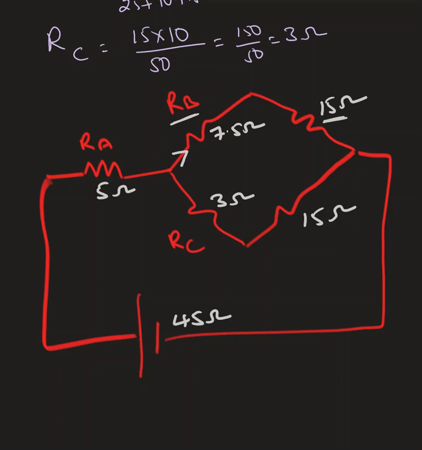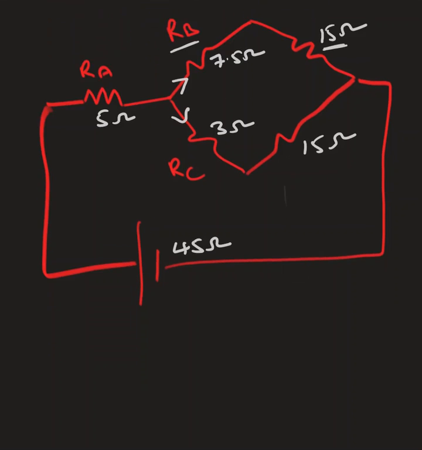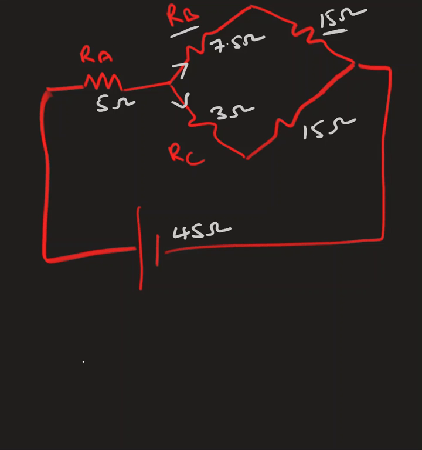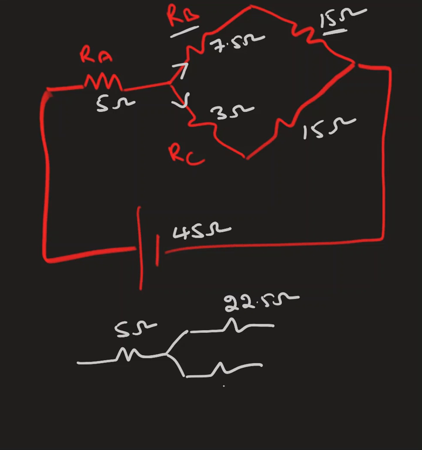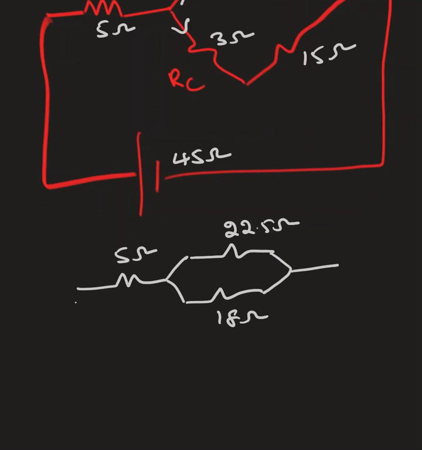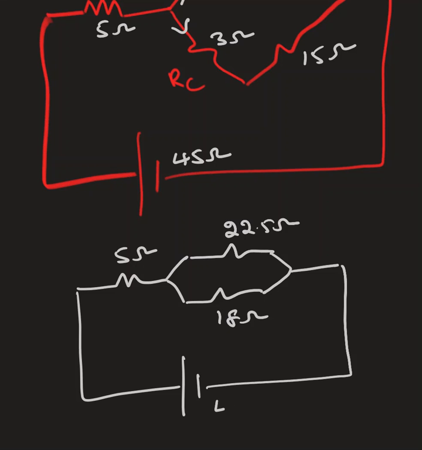Same thing here, RC and the bottom 15 ohms are also in series. So we will end up with RA, this is 5 ohm, this is 22.5 ohm, this is 18 ohm. Now this whole thing is in series with 45 ohm.